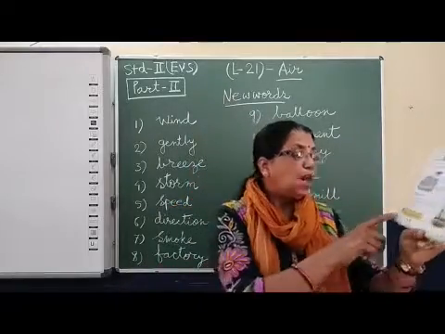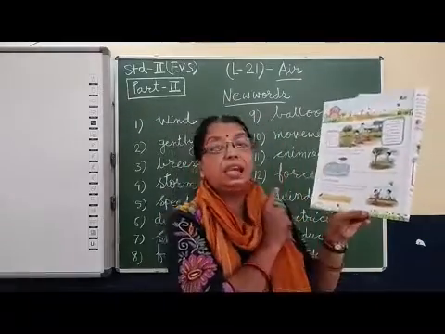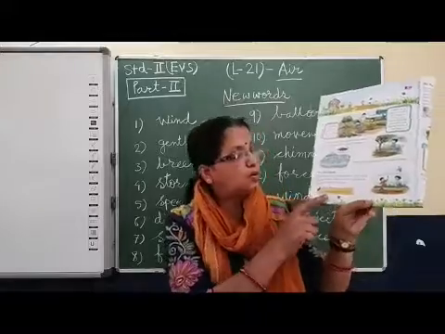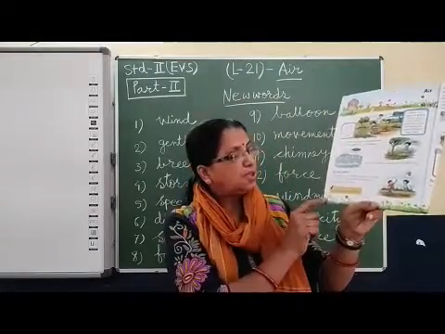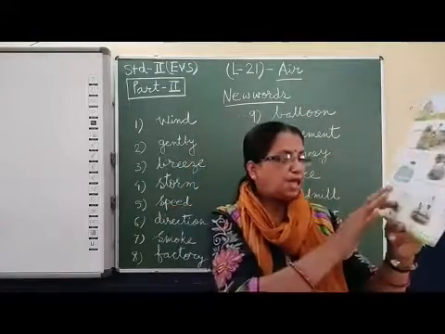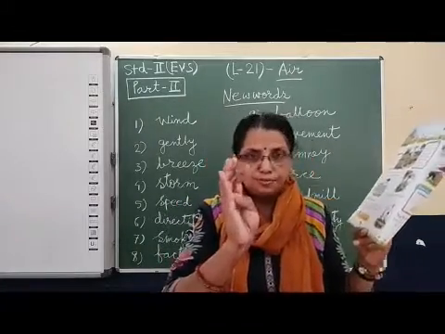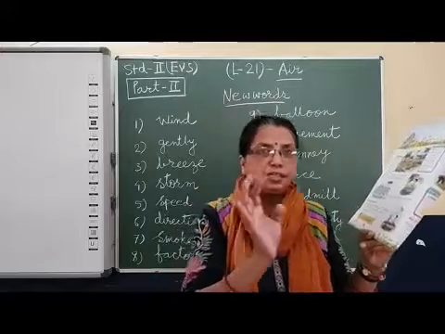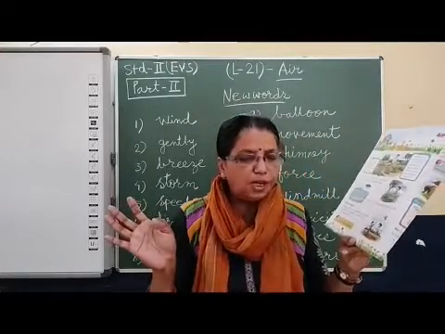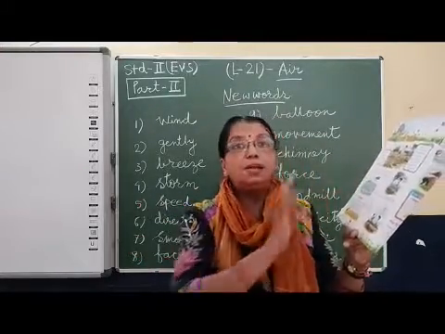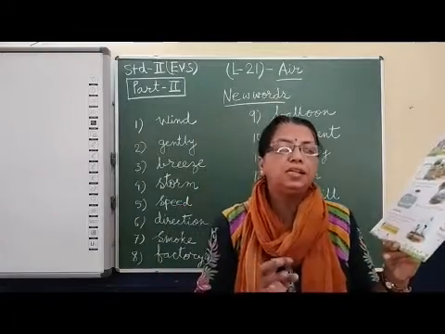Okay? Very strong wind is called gale. Gale is very strong wind. The yellow box is there. So, we have learned on this page number 118 about types of air. One is moving air, called wind. We have learned about breeze, gentle air is called breeze.